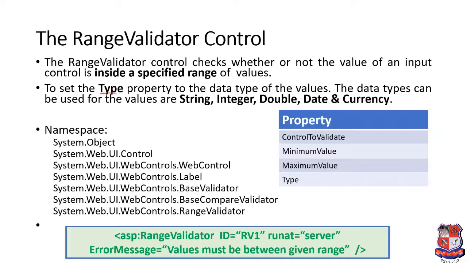Set the type property to the data type of the value. The data types that can be used for the value are string, integer, double, date and currency. It means that we can use the range validator control for this many data types.